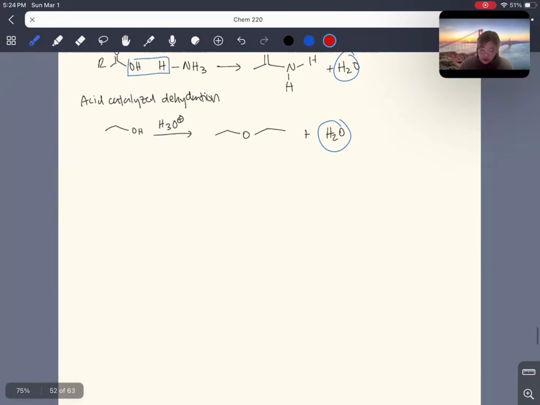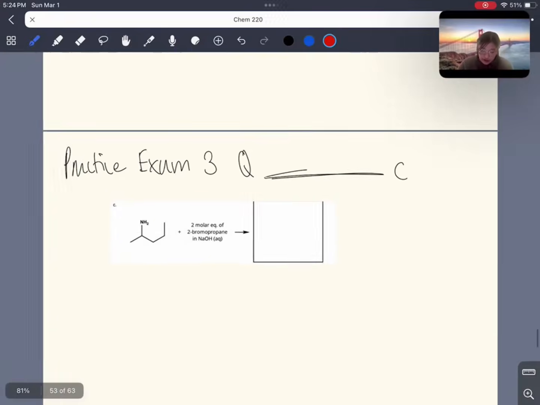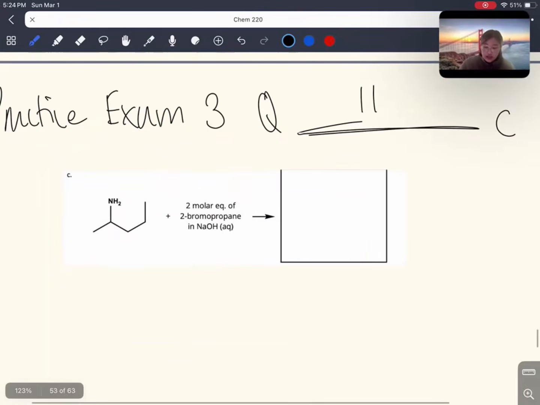Now, the next question is also from practice exam 3. It's question 11C, part of the reaction mechanisms. It asks us to predict the product of reacting this amine with 2 molar equivalents of bromopropane in aqueous NaOH.